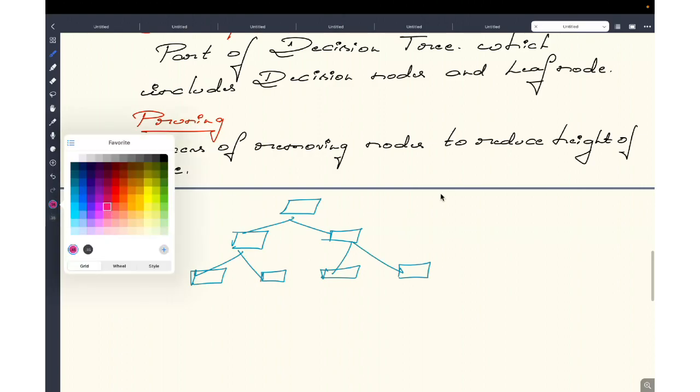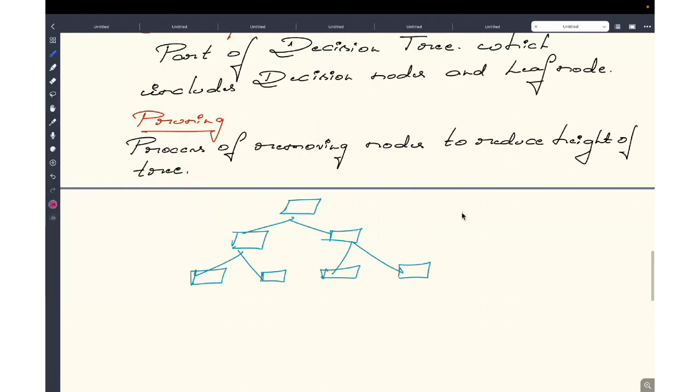How do you measure the height of a tree? How many levels do you have? This is root node, this is decision node, terminal node, terminal node, terminal node, terminal node.